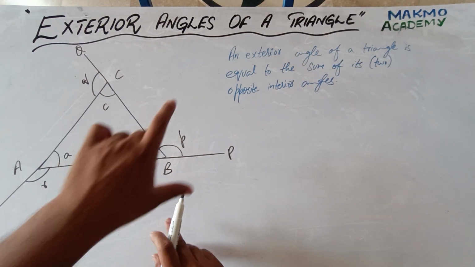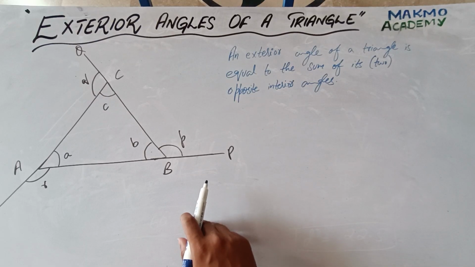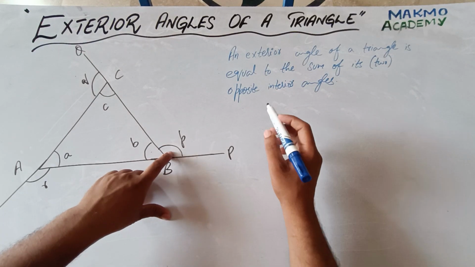According to this statement, this is the property, the explanation of the property. According to this, this is the exterior angle.